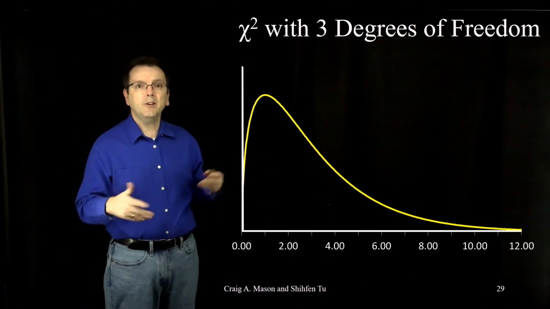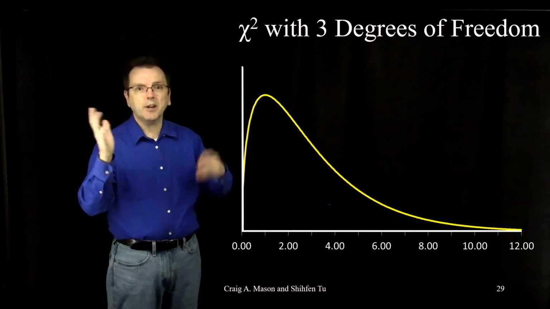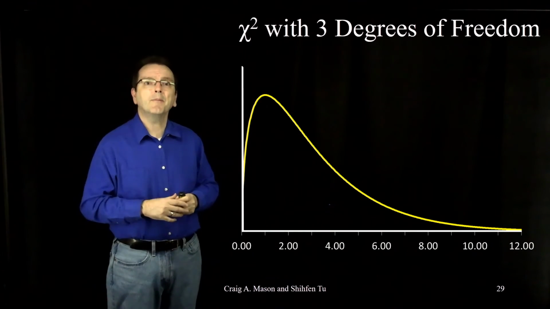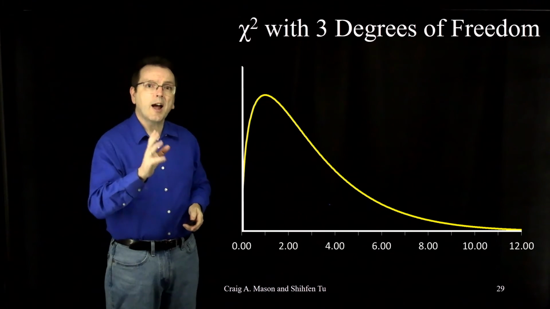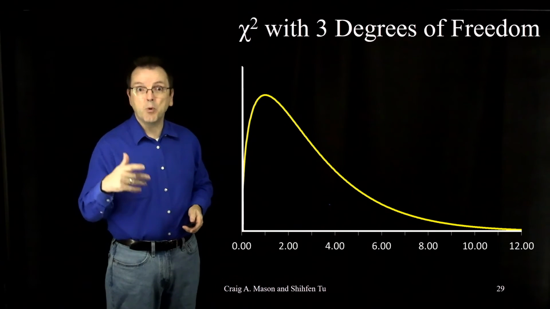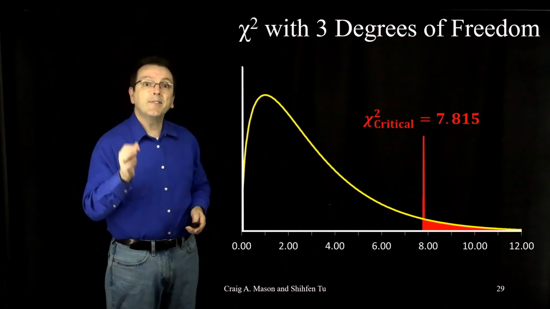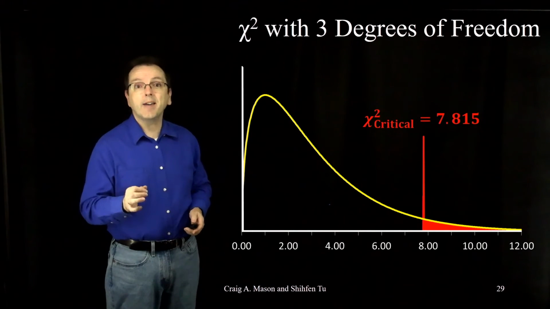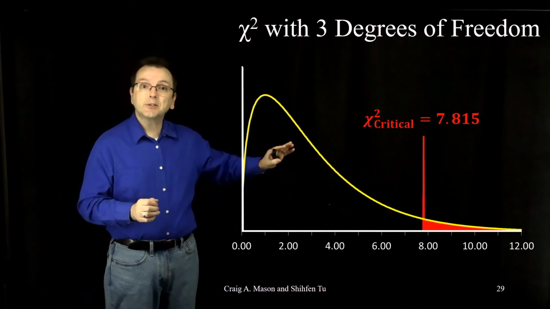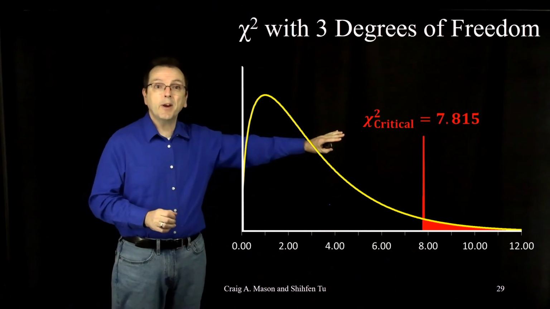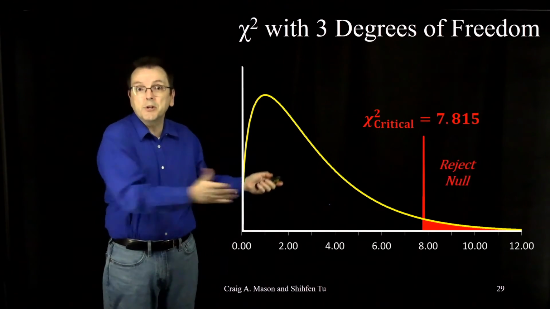Well, if we look it up in a table or a calculator or Excel or something, we see that the critical chi-square value with an alpha of 0.05 and 3 degrees of freedom is 7.815. If chi-square is greater than 7.815, we'll reject the null.